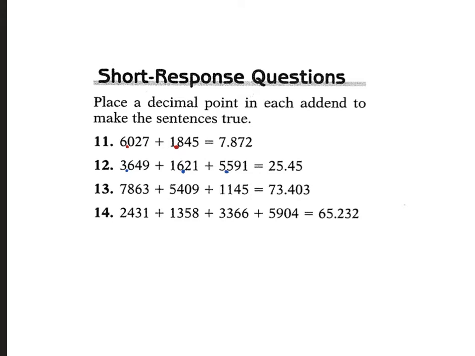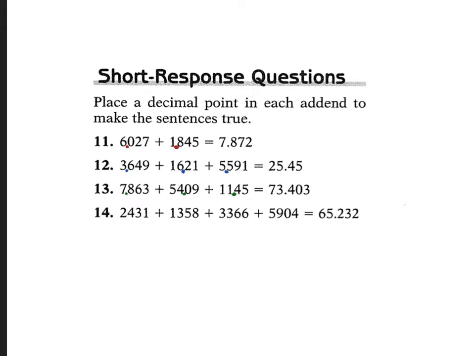For 13, we are given 7863, 5409, 1145 is equal to 73.403. So once again, if we look at these, we know that we're not going to have 78.63, so it's probably going to be 7.863. The 5409 would most likely be 54.09. And then the 1145 would probably be 11.45. So if we check these, again, I'm just going to use a calculator to do this.